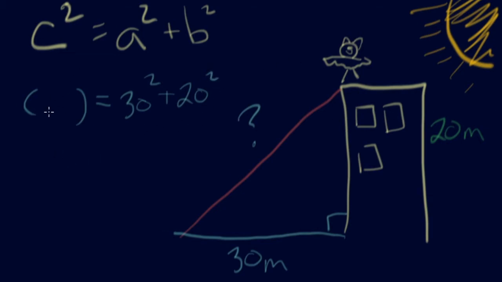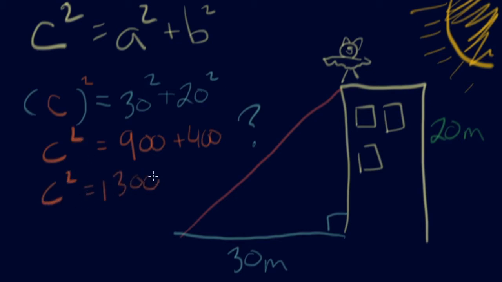We're trying to find c squared. So let's do some math. 900 plus 400 is equal to c squared, so c squared is equal to 1300.